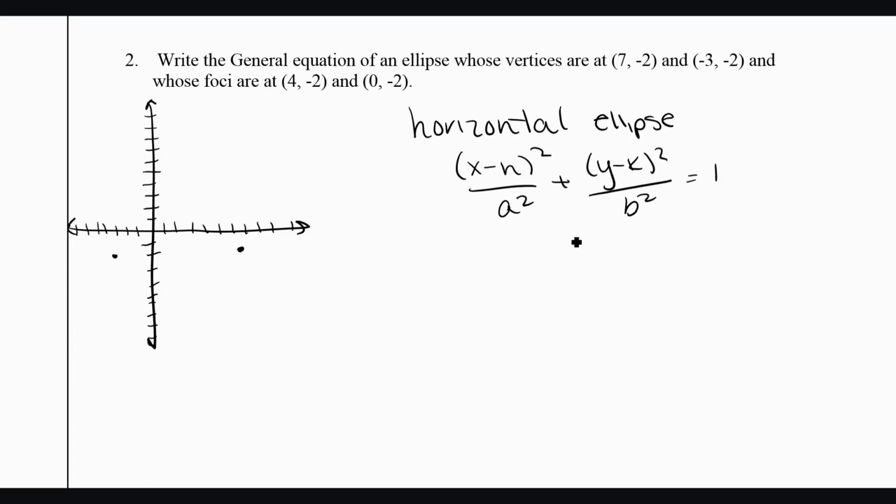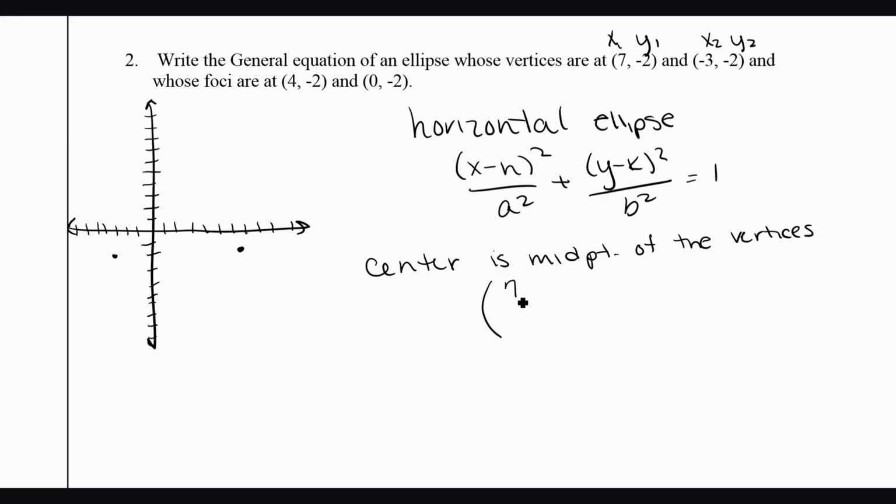So to find our center, the center is the midpoint of the vertices. Now remember, we knew the midpoint formula, so this would be like our x1, y1, x2, y2.